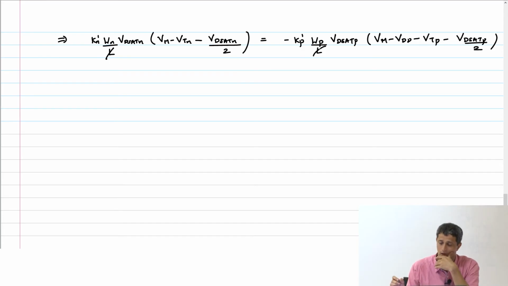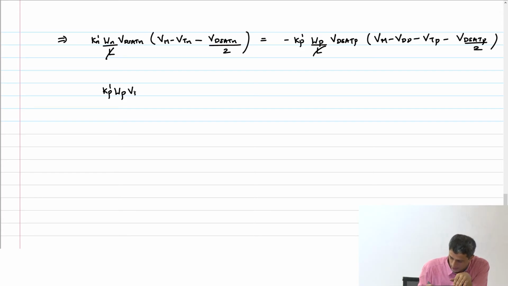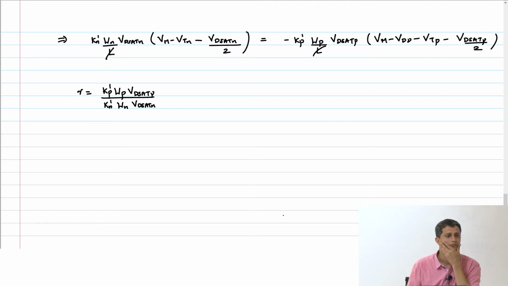Now let me define Kp prime Wp into Vdsat P by Kn prime Wn Vdsat n equals R. Quick sanity check.